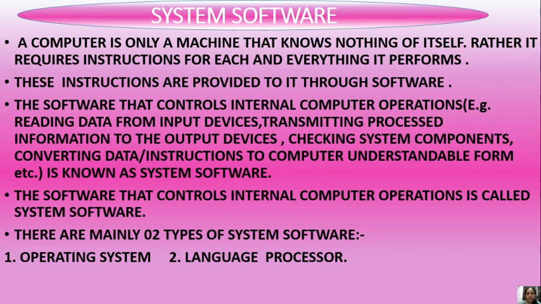The software that controls internal computer operations, for example, reading data from input devices, transmitting processed information to the output devices, checking system components, converting data or instructions to computer understandable form, etc., is known as system software. And there are two types, operating system and language processor. So let's discuss these two types.